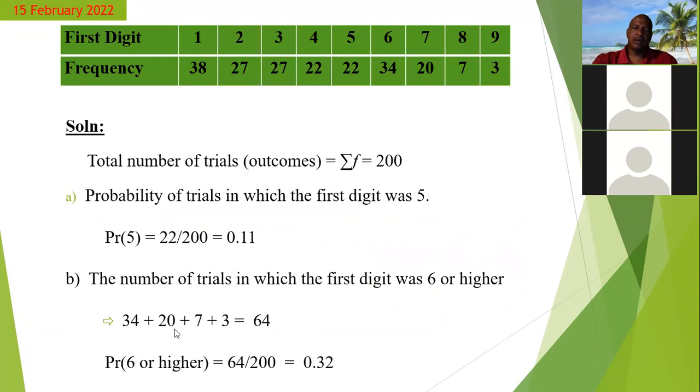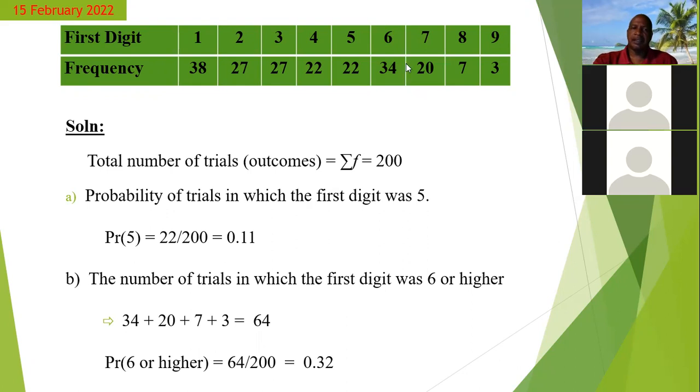So what we would do now is look at the frequency for 6, the frequency for 7, for 8, and for 9. You add up all of those, you'll get 64. So the probability is actually 64 over 200, and in terms of decimal that works out to 0.32.